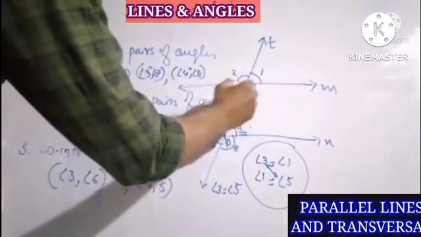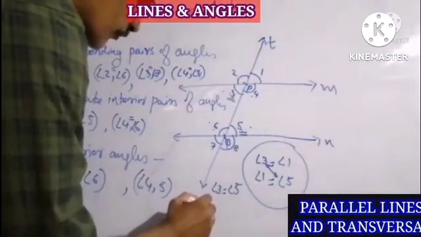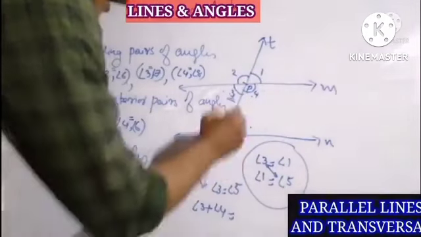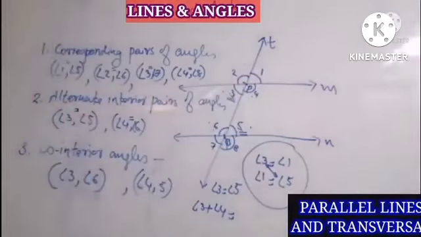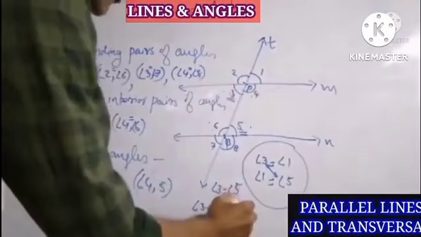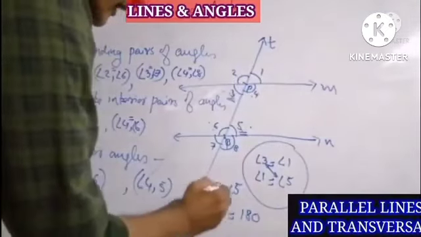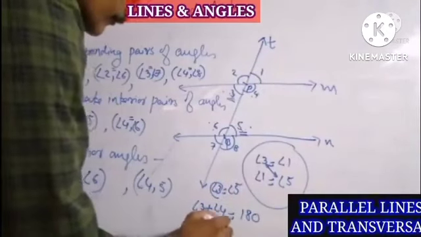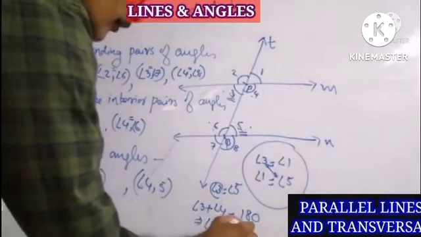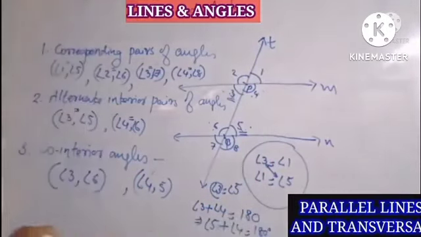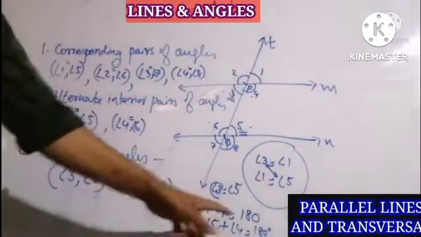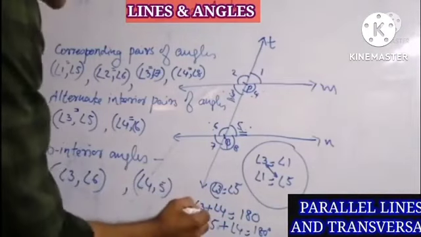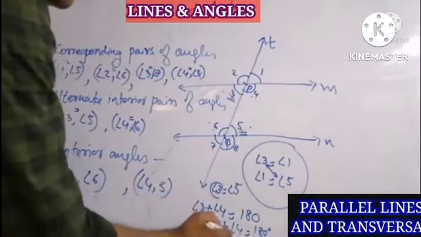Also we know that angle 3 plus angle 4 form a linear pair, so angle 3 plus angle 4 equals 180 degrees. Now substitute 3 with 5, since angle 3 equals angle 5. That becomes angle 5 plus angle 4 equals 180 degrees.